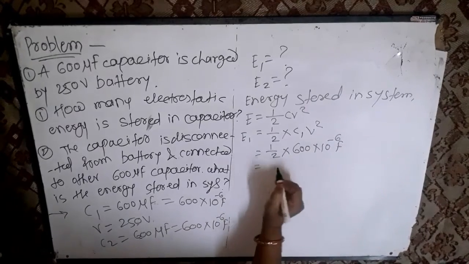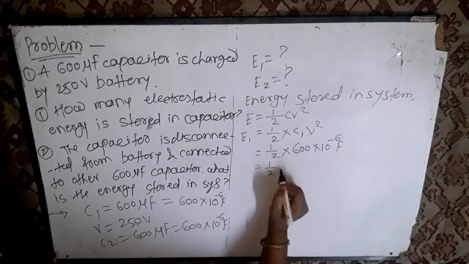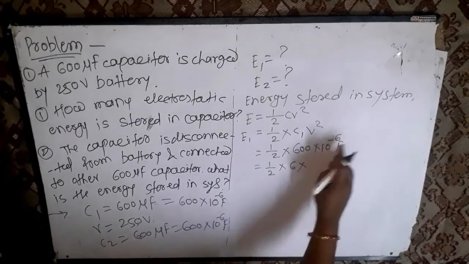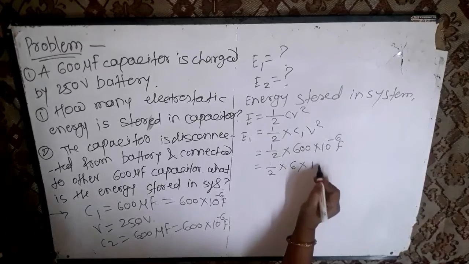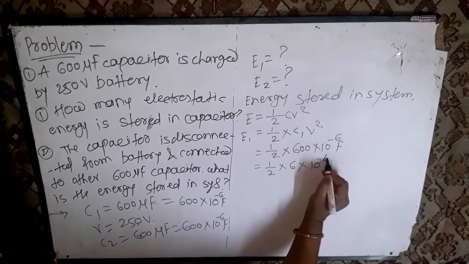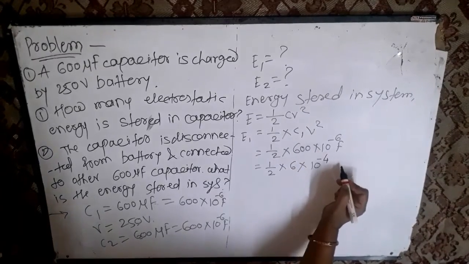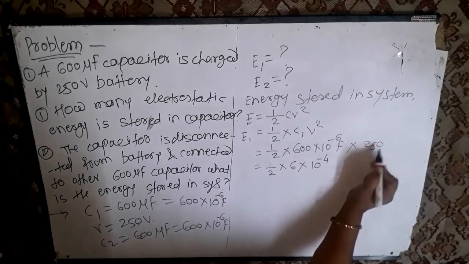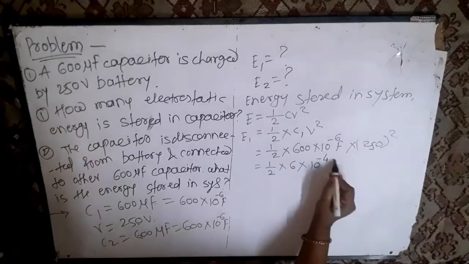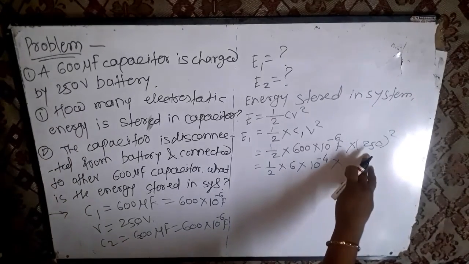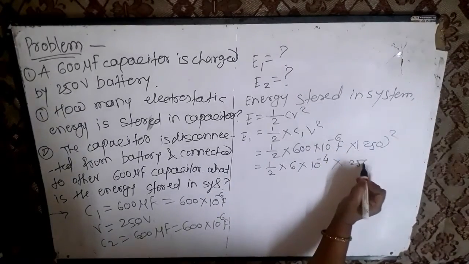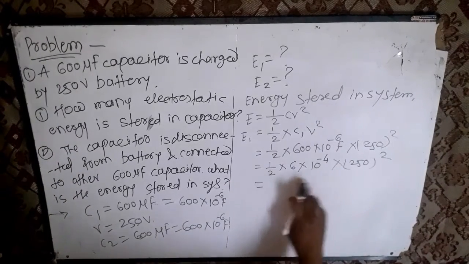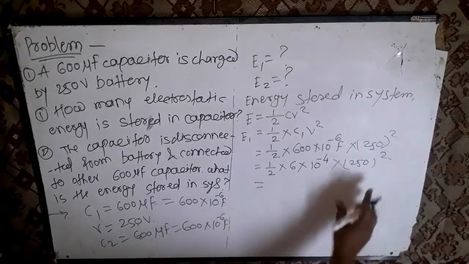Modify this equation: 6 into 10 raised to minus 6 and this 10 raised to 2, that is 10 raised to minus 4, into V square. V square is nothing but 250 whole square, 250 square.